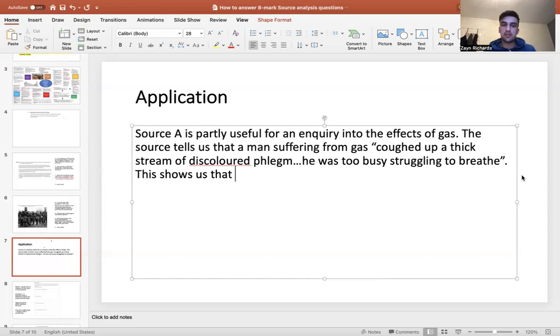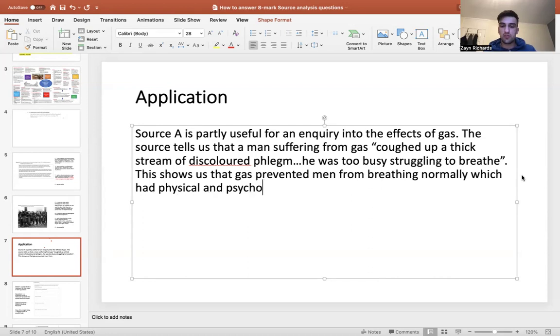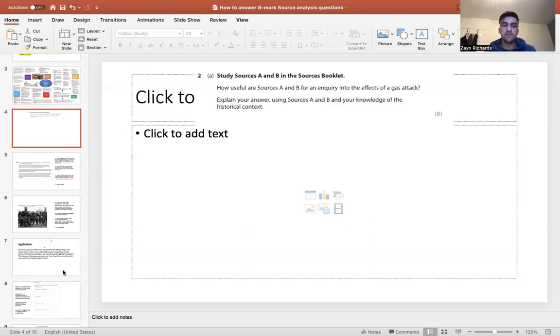This shows us that gas prevented men from breathing normally, which has physical and psychological effects. Remember the question is saying how useful is it into the effects of a gas attack?